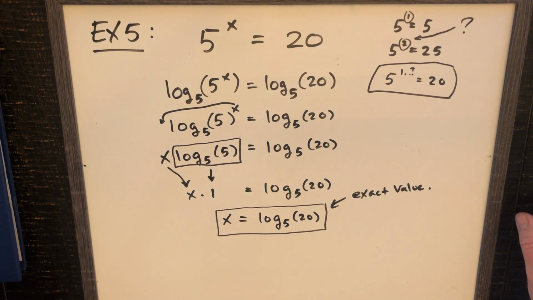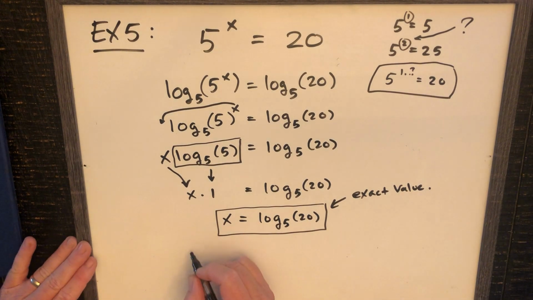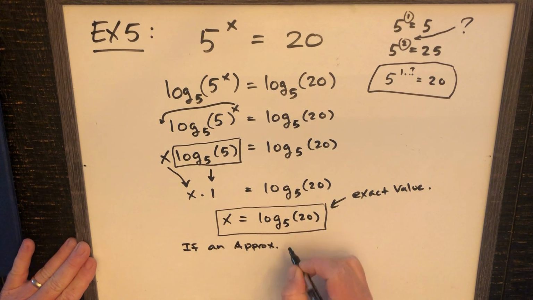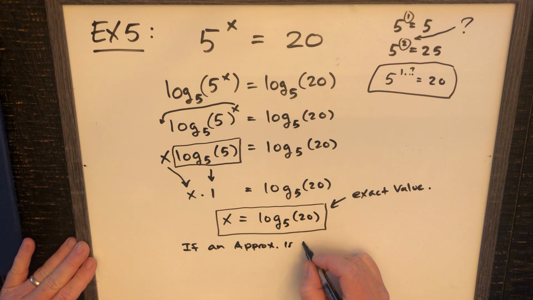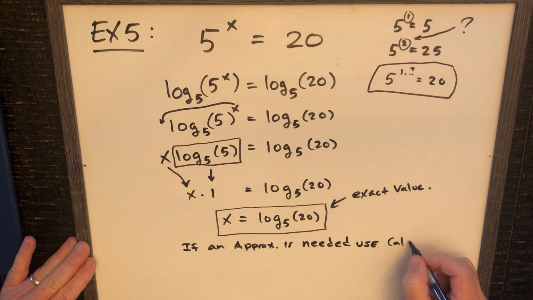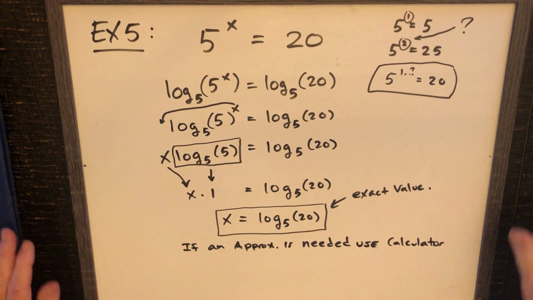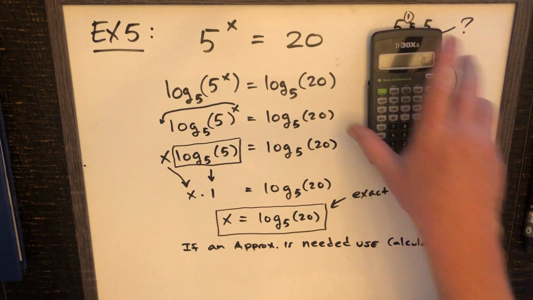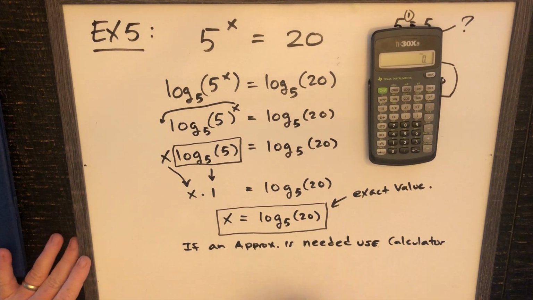However, you might want to do an approximation. Use your calculator. So one of the final properties that we discovered in the previous section was the change of base property.